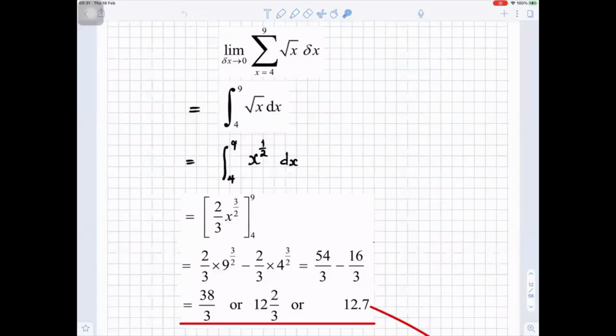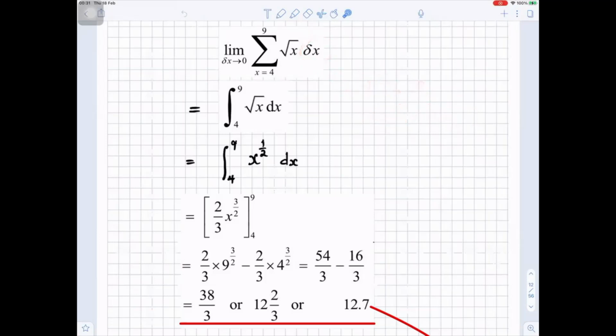So it is very important to know what this sign means. That sign means sum. It means you add all from 4 up to 9. So you start at 4 and you end at 9. Now, because we are summing very small changes, delta x means very small changes.